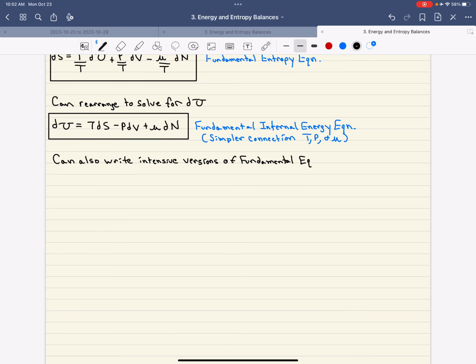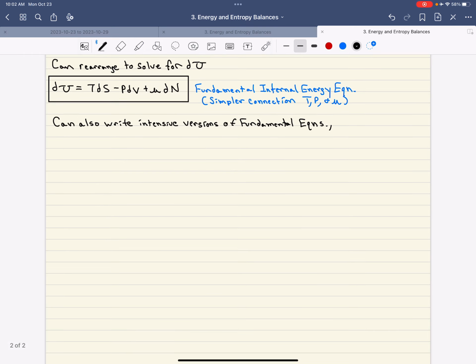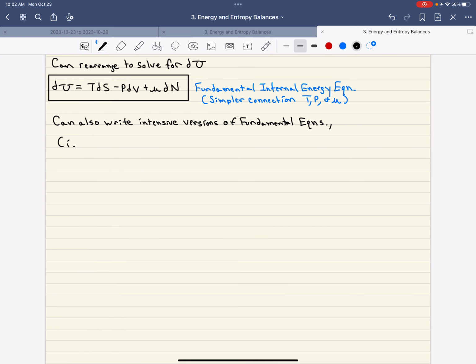And what's nice about writing intensive versions of the equations is that they're going to be independent of the number of molecules in the system, or they're going to be independent of the system size. So that way, if we want to do an analysis on a small system and then scale up our results to a larger system, if we use intensive equations, then the scale up won't affect the actual numbers that we get.